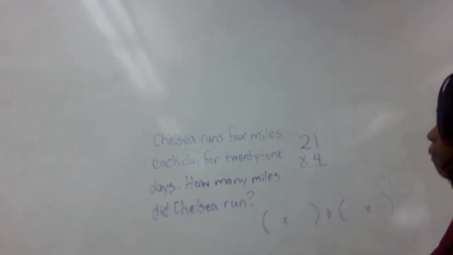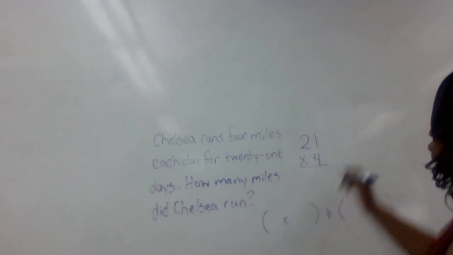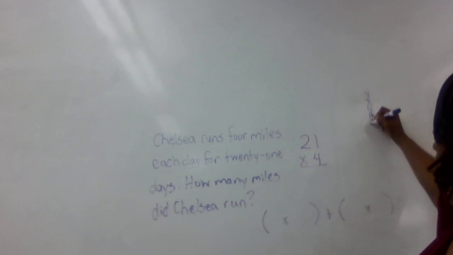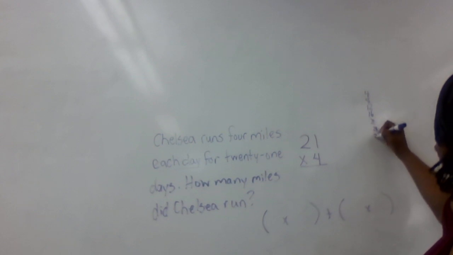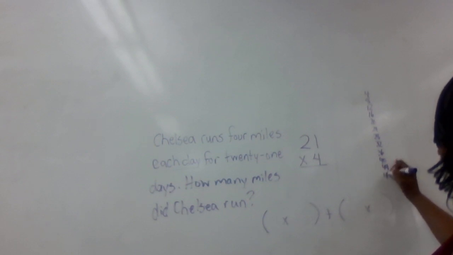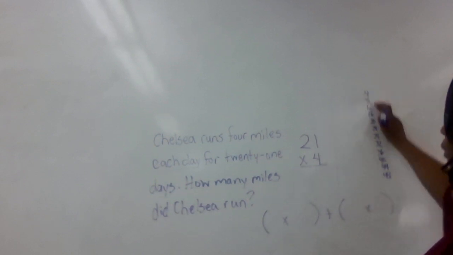So we have my multiples of 4: 4, 8, 12, 16, 20, 24, 28, 32, 36, 40, 44, 48. These are my multiples of 4.